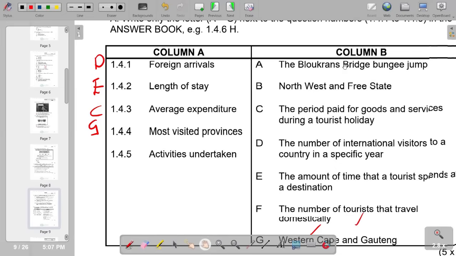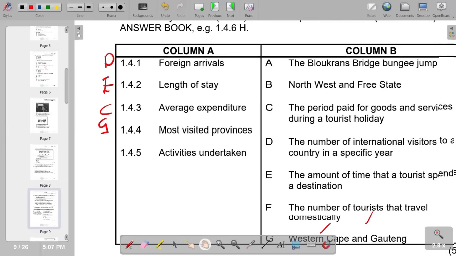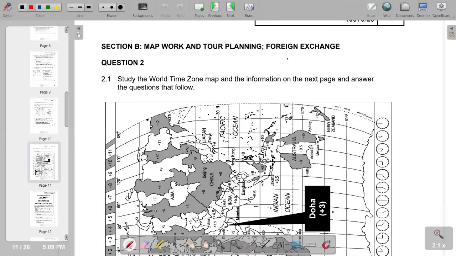The Blorkrans Bridge bungee jump, which you have on A. So A is the most appropriate. So this is what we have on our first part, on our short questions.